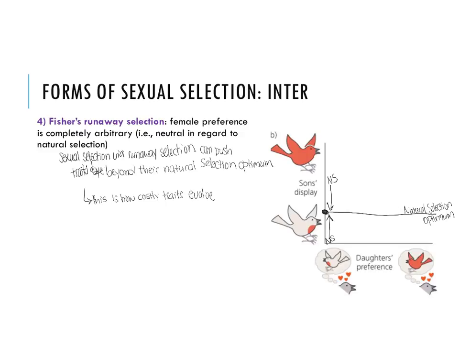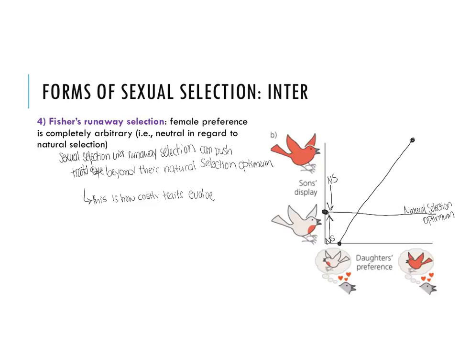Now, we already established that sexual selection also may have an optimum. It could be something like this, where daughters have a really strong preference for red, and then others have a preference for no red.